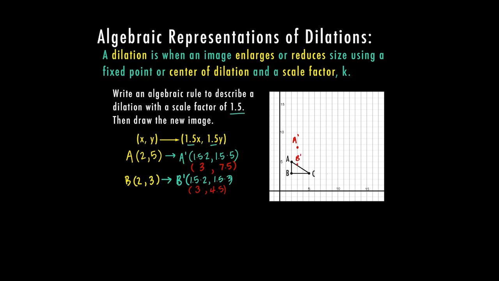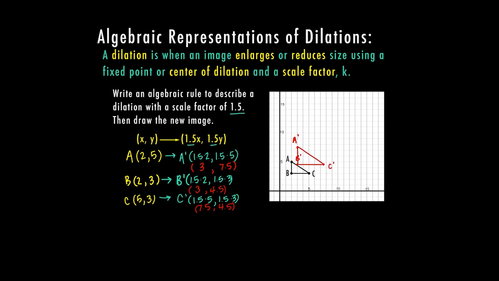My C originally was at (5, 3). So C prime is going to increase by multiplying both of those values times 1.5. So my new point is going to be at (7.5, 4.5). So C prime is at (7.5, 4.5).